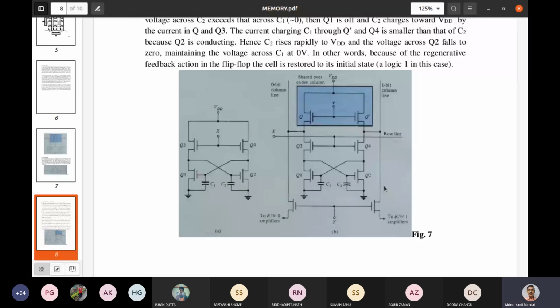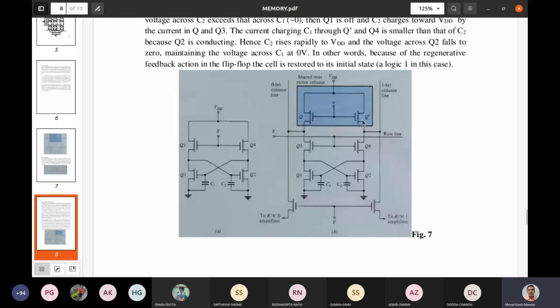Now, the construction. You see, there are 4 transistors in the cell, that is Q1, Q2, Q3, Q4. Q3 and Q4 act as the load of Q1 and Q2, but it will take power for a certain period of time, which I will discuss later on by considering these 2 transistors and the clock signal.